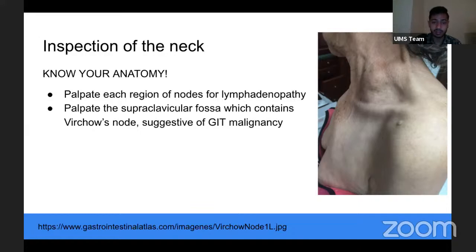So just assessing the lymph nodes, especially the supraclavicular lymph nodes, Virchow's nodes, is very important in trying to identify the diagnosis. And in general, there'd obviously be lymphadenopathy in signs of infections and things like that.